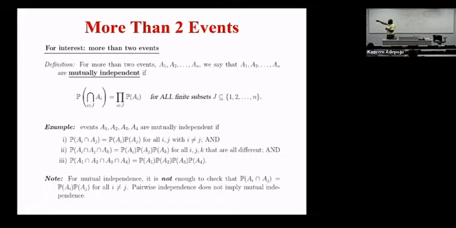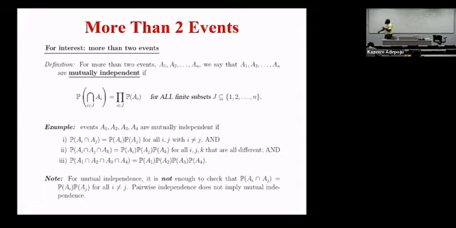Now we can say A1, A2, A3, A4 are mutually independent if all of that holds. If you have A1 up to A4, and I ask you to prove whether they are mutually independent, what do I mean by mutually independent?